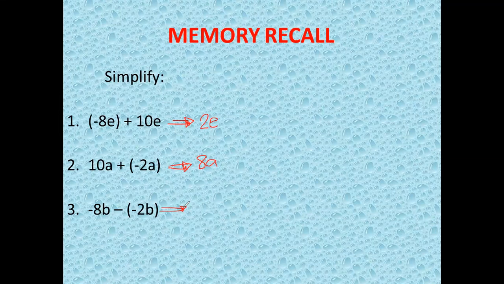Negative 8b minus negative 2b equals? Maybe you have a problem with the signal.